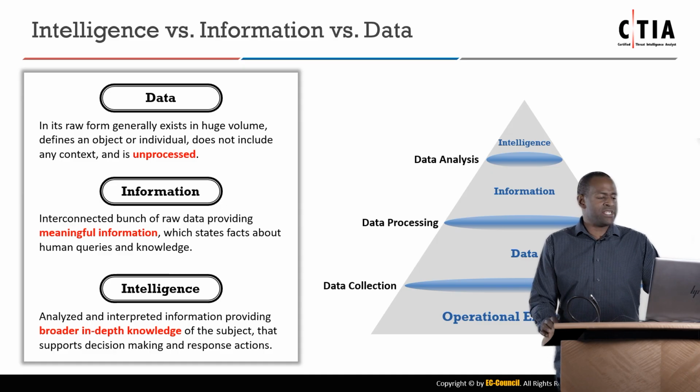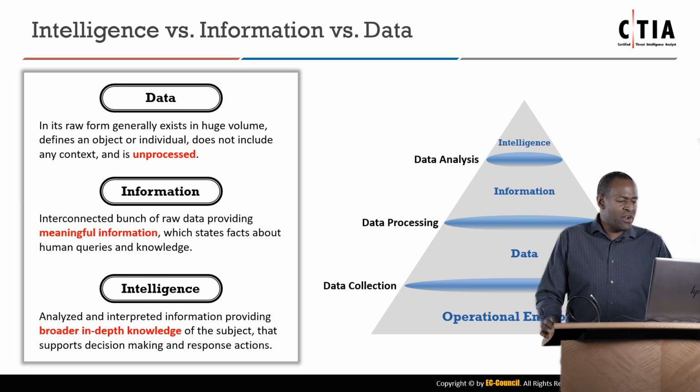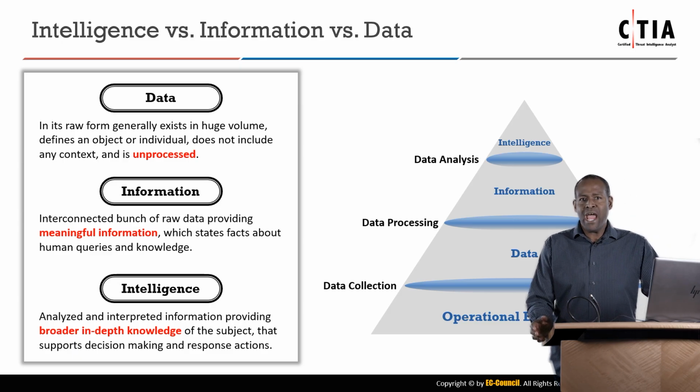What we're looking for is information. Let's look at information. Information is interconnected. It's an interconnected bunch of raw data providing meaningful information that states facts about human queries and knowledge. So 128 is actually part of an IP address, 192.168.128.75.